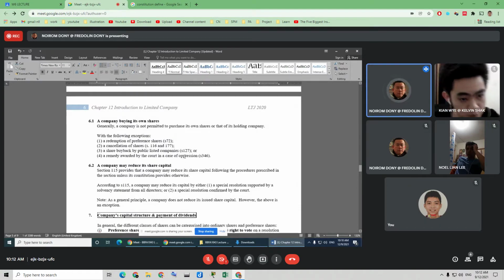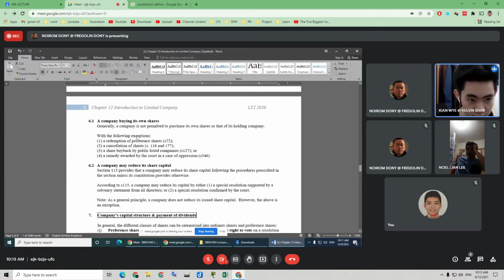So this is considered as oppression by the court. So the court awards the company to buy back that share in order to reduce the majority. Then that can happen. Okay, that is permitted with the following exception.